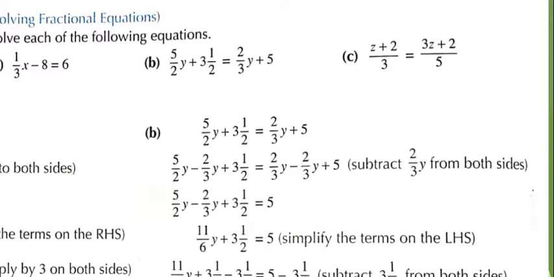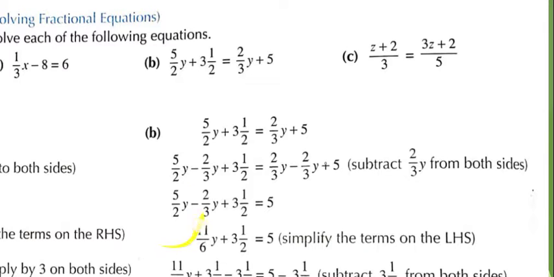Minus 2 over 3y, so this one will become eliminated. That's the goal here, so we have only 1y here on the left side. So 5 over 2 minus 2 over 3, turn them into like fractions.